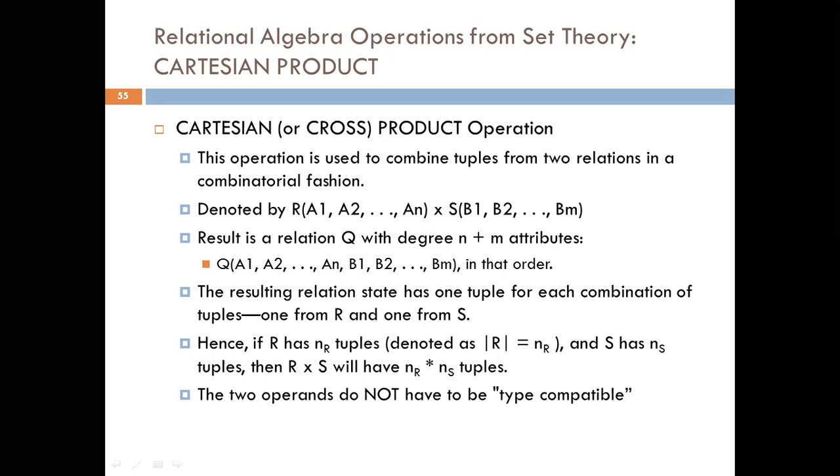So the number of attributes will now be equal to N plus M. And the number of rows will be the number of rows in R multiplied by the number of rows in S. It is just like combining each row of R with each row of S. So if R has 10 rows and S has 20 rows, then in the result it will be 10 into 20, which means 200 rows will be present.